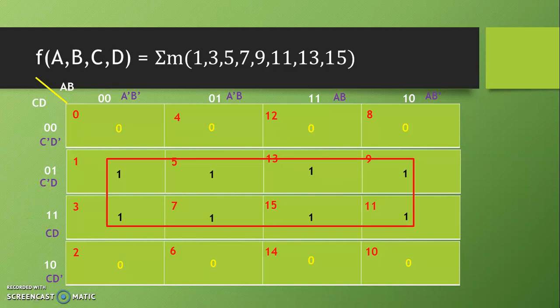So the final product term is equal to D, because A, B and C, 3 variables are eliminated since the group is an octet. So the final simplified answer is Y is equal to D. So when we select an octet, we can eliminate 3 variables at a time. That is why if an octet is possible, we will always go first for making a group of octet. So this way we can eliminate certain variables.